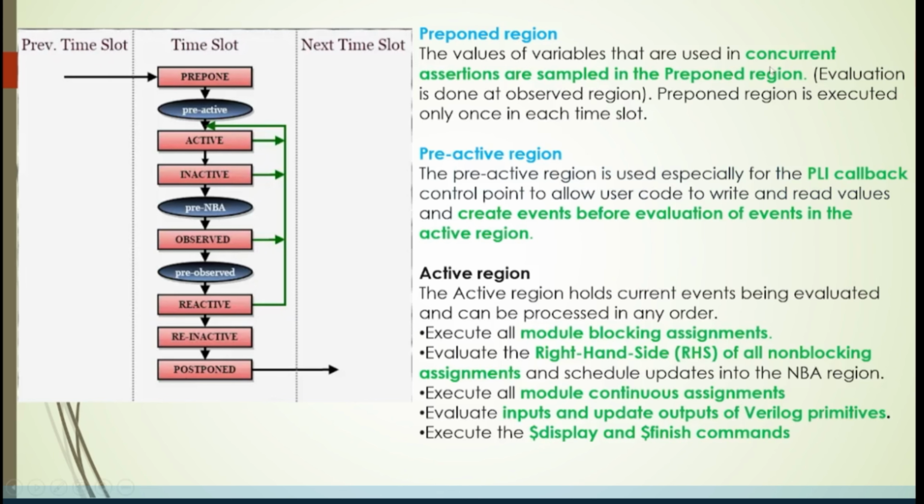In the preponed region, the concurrent assertion values will be sampled. When you give values for the variables in a concurrent assertion, these values are sampled in the preponed region. Just remember that they are only sampled, not executed. The execution will be done in another region.